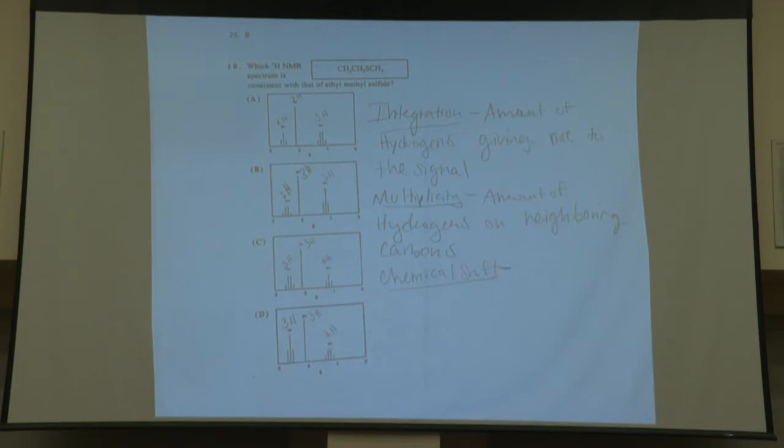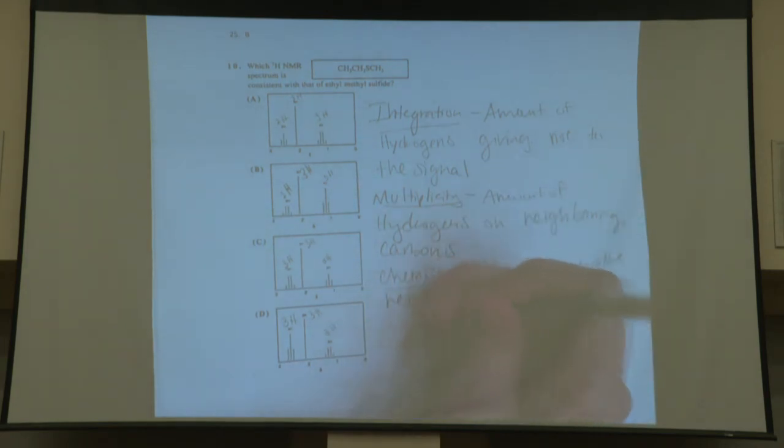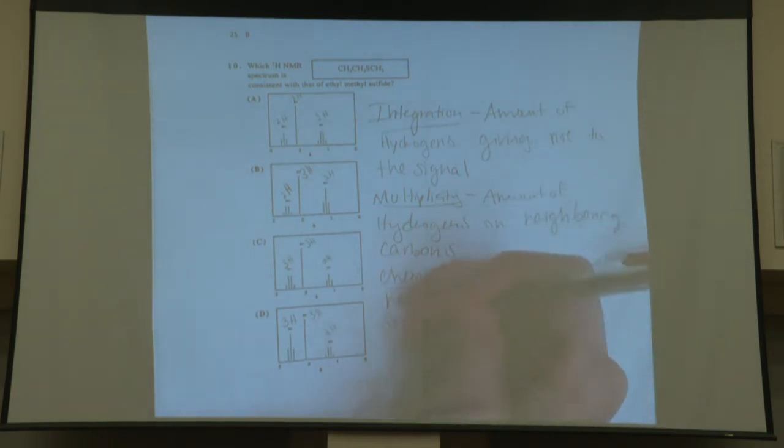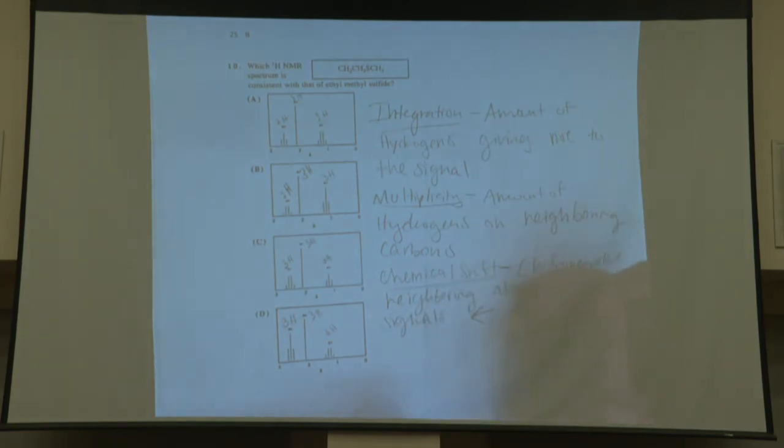Exactly. Electronegative heteroatoms next door. So oxygen, nitrogen, all of those guys. So electronegative neighboring atoms push your signals to the left or at a higher ppm.